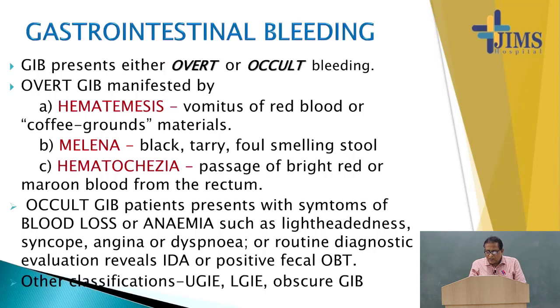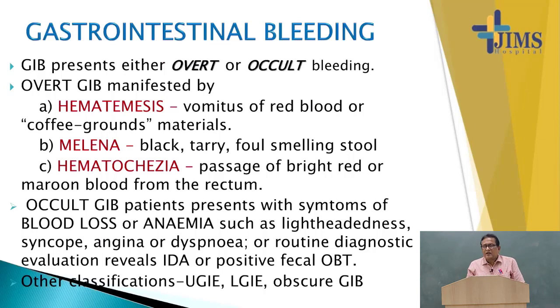Number two, melena, that is black, tarry, foul-smelling stool, and hematochezia, that is passage of bright red or maroon colored blood from the rectum. So, bleeding may be hematemesis, melena, or hematochezia.